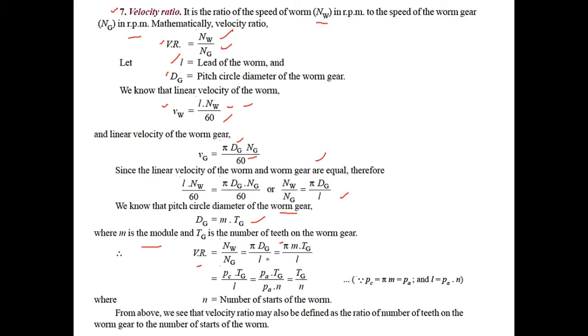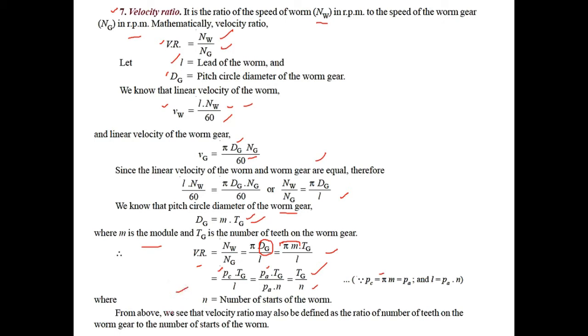From this relation we put Dg equal to m into Tg, so VR equals m into Tg divided by L. The parameter pi m is replaced by PC, so PC into Tg by L. For single start, PC is equal to PA, so the final velocity ratio will be Tg divided by N, where N is the number of starts of the worm.